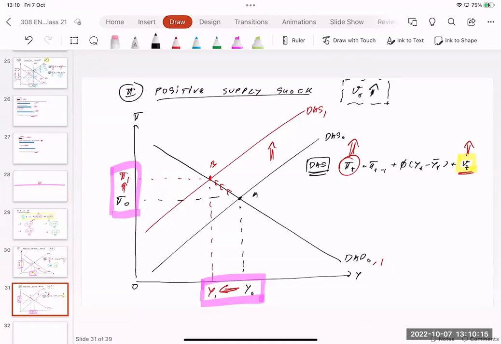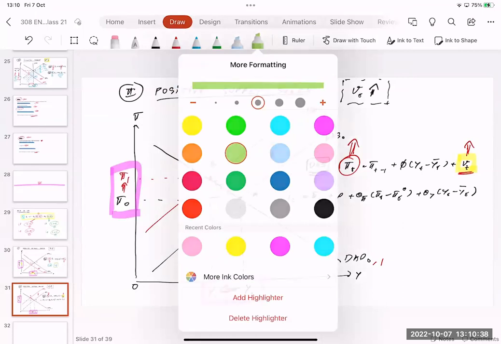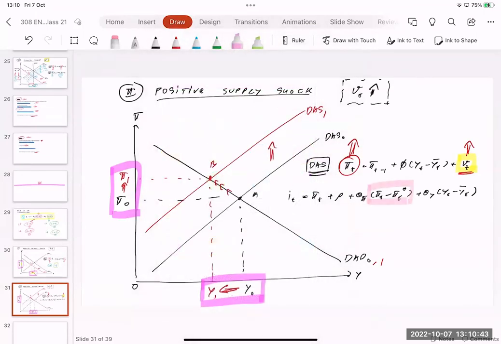So if we go back to the monetary policy rule equation, IT equals pi t minus rho, plus rho, plus theta pi (pi t minus pi t star), plus theta y (yt minus yt bar). If we go back to this equation, as you will see, wait a minute, we have two brackets over here, pi t minus pi t star and yt minus yt bar.